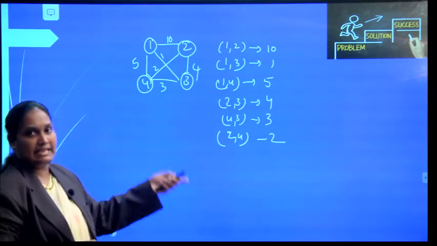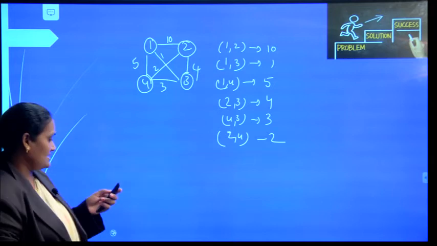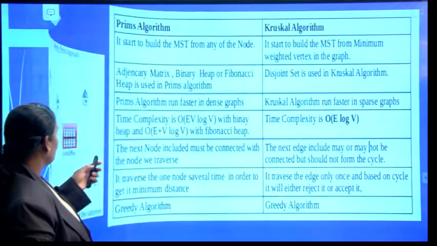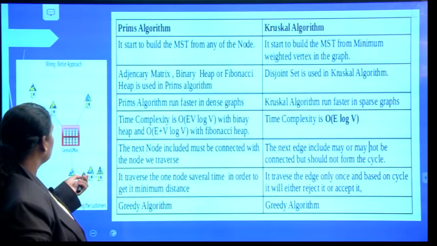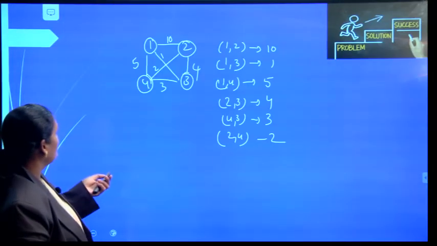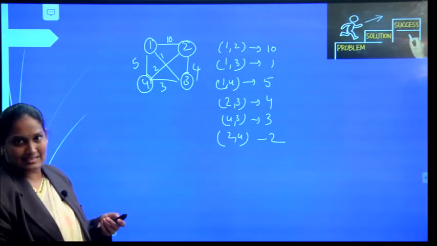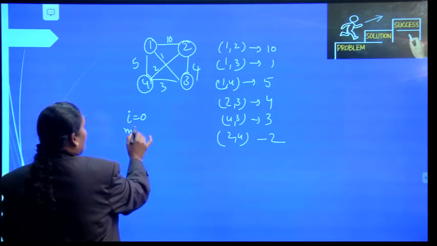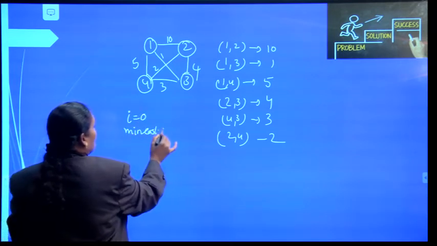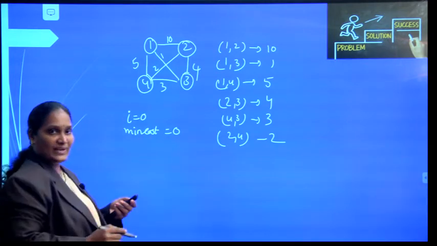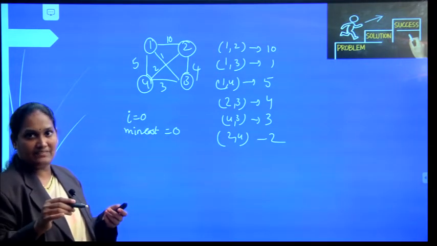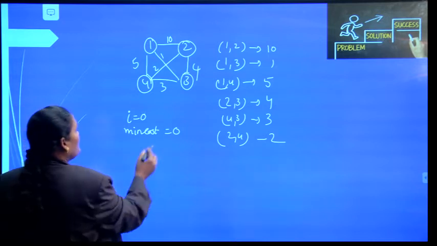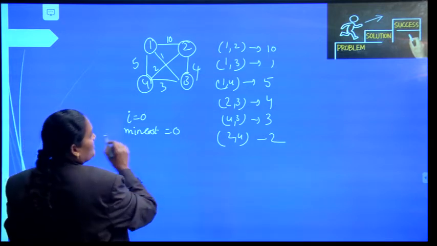Here I created a heap out of the costs of edges. What do we need to do in Kruskal's algorithm? Initially I is equal to 0 and minimum cost is equal to 0. First we select the edge which has minimum cost.